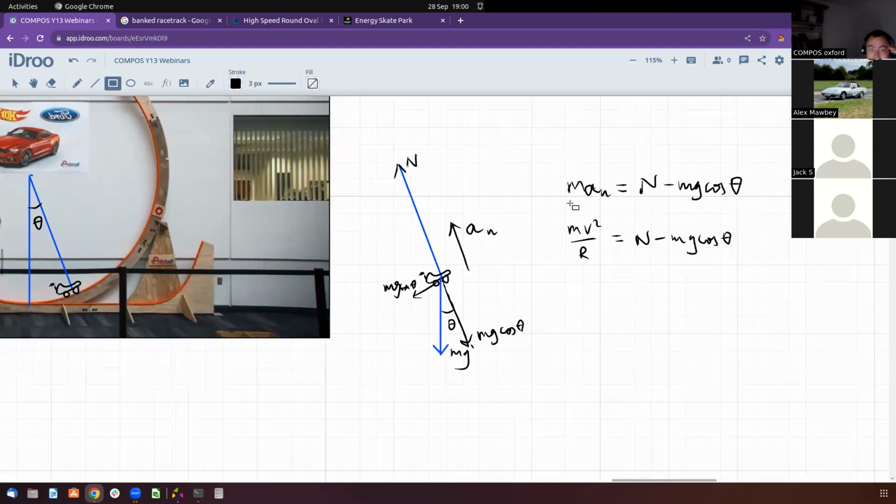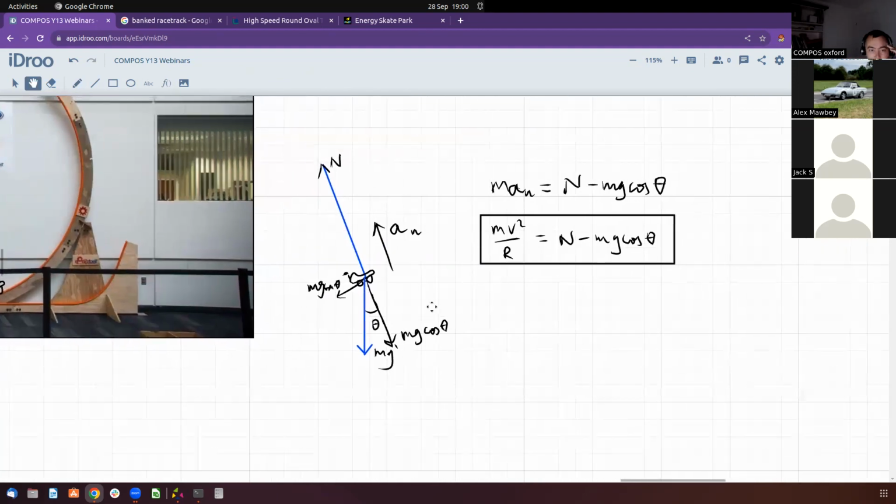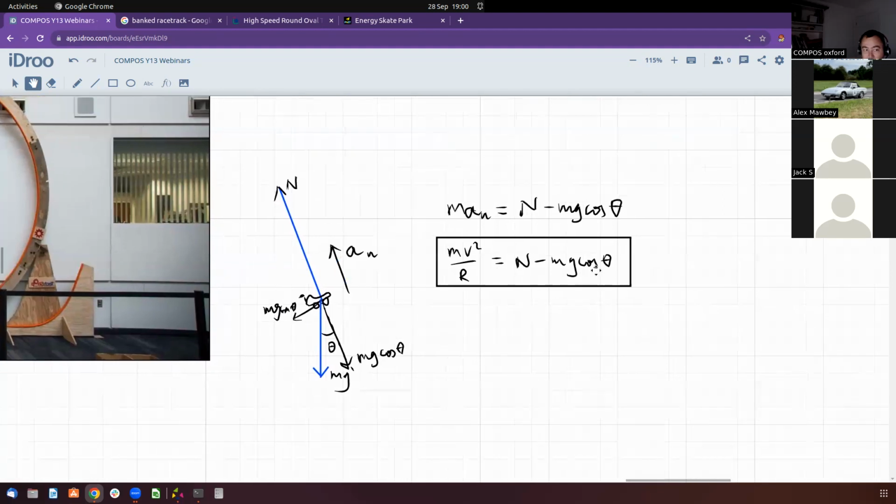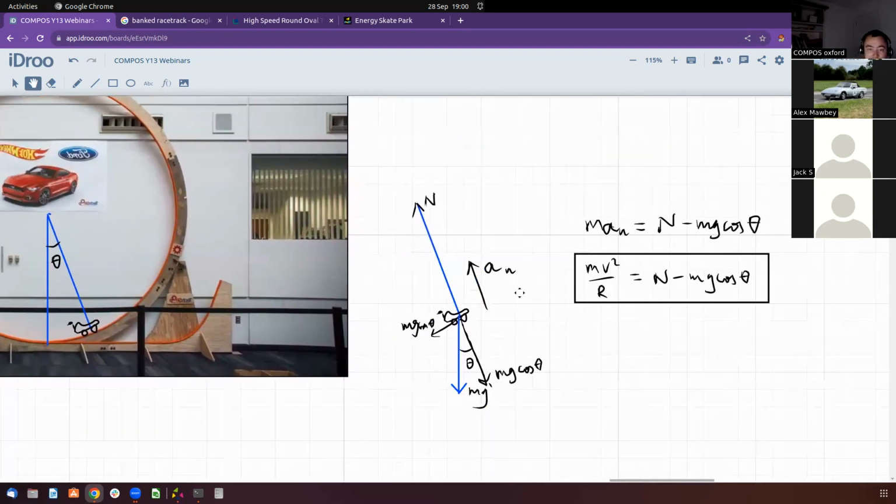That's the basis, that's Newton's second law. So what do we not know? Well, we don't know v, and we can work out v from conservation of energy. And we don't know theta, but theta is what we are looking for, because we're actually looking at the height.